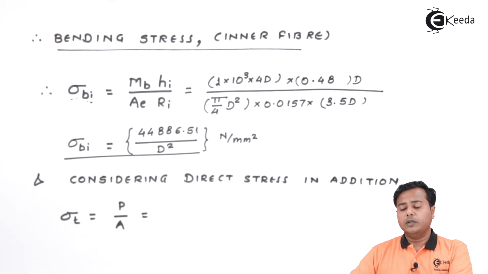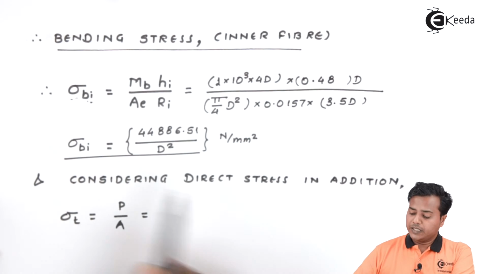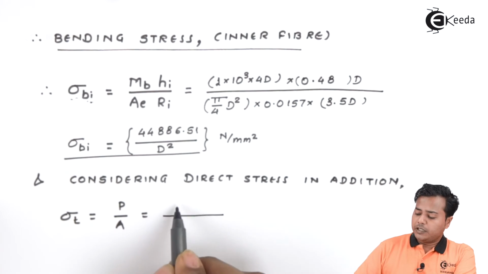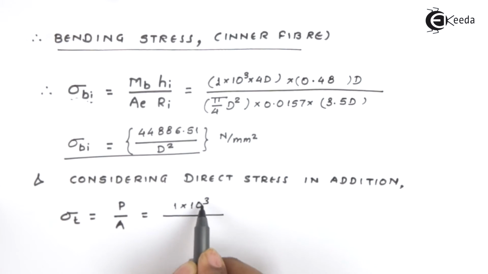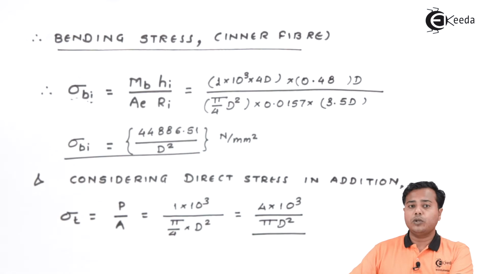So here, the unknown being d, we have to put the expression in terms of d only. Let's move ahead and consider direct stress also, because that is the second component of stress. In that case, it becomes so this expression also in terms of d we have obtained.